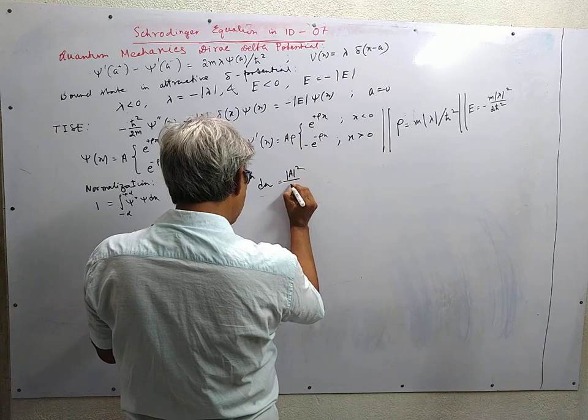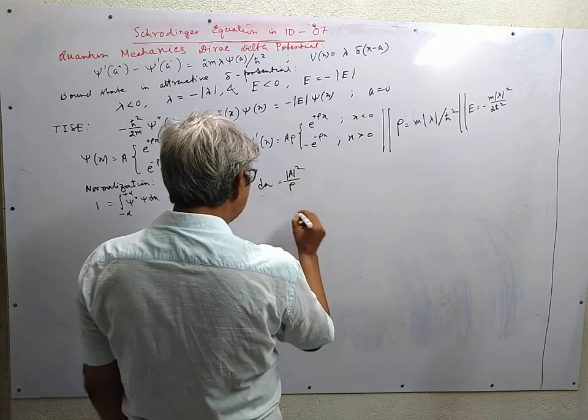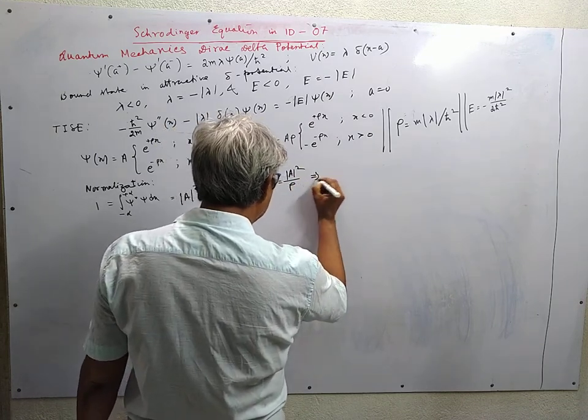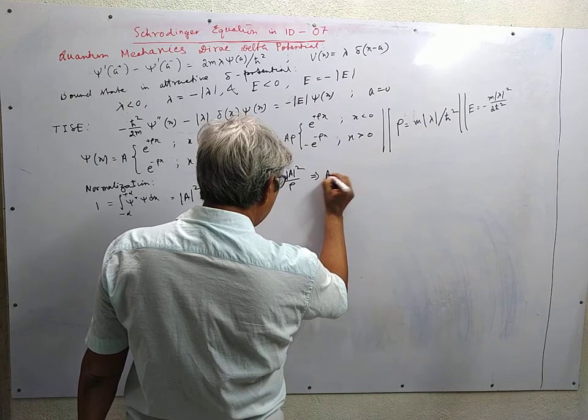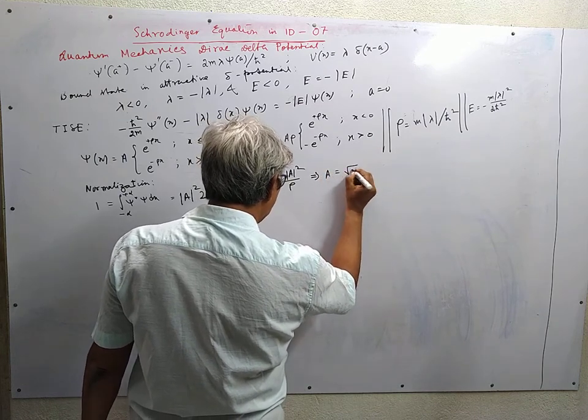Using the gamma function, we find that A is equal to root rho.